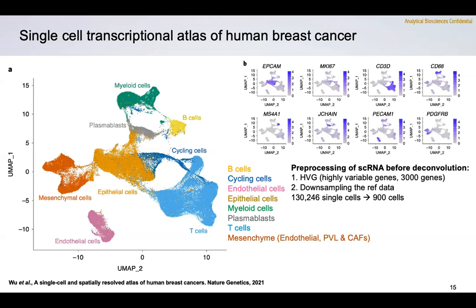Using this single-cell reference for deconvolution requires some pre-processing to make it more computationally efficient. For example, we selected the highly variable genes, around 3,000, and then we downsampled the data to 900, selecting 100 cells for each of the 9 clusters.